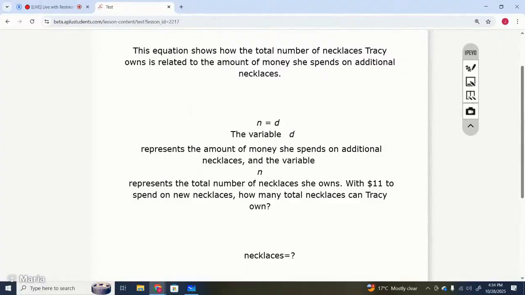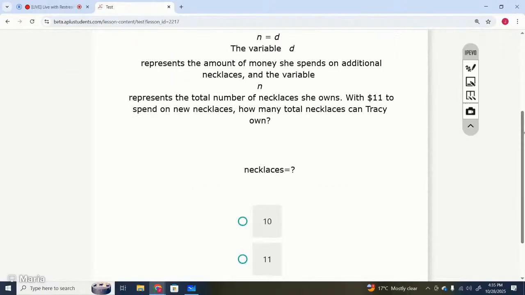This equation shows how the total number of necklaces Tracy owns is related to the amount of money she spends on additional necklaces. N equals D. The variable D represents the amount of money she spends on additional necklaces, and the variable N represents the total number of necklaces she owns. With $11 to spend on new necklaces, how many total necklaces can Tracy own?